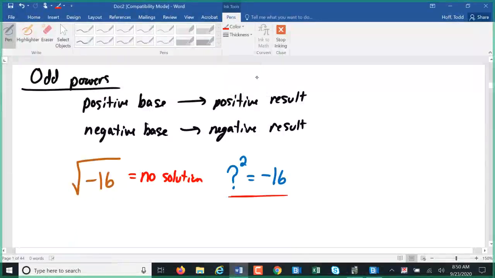Now, at this level, we're saying there is no solution to the square root of a negative number. If you were to go on to a 4-year degree somewhere, you would most likely have to take an intermediate algebra course or a college algebra course. In that type of a course, they actually do define the square root of a negative.